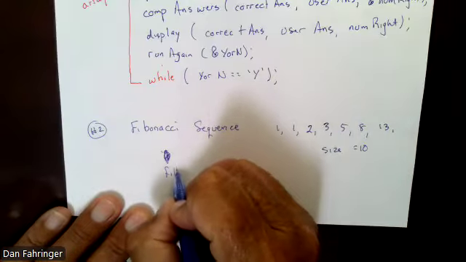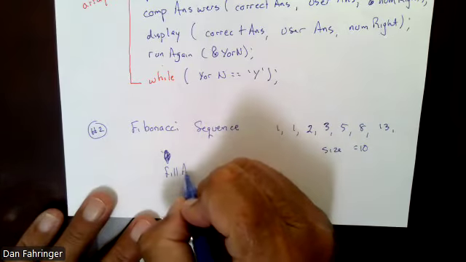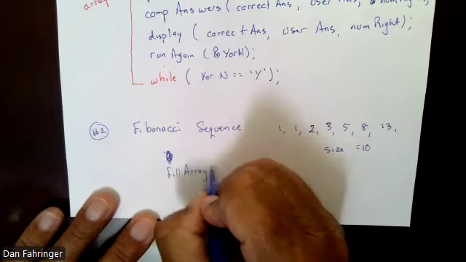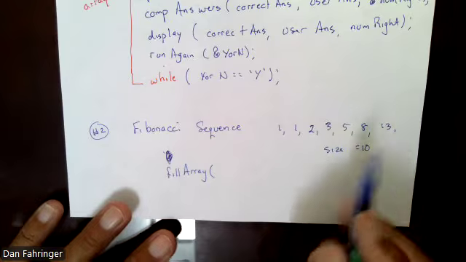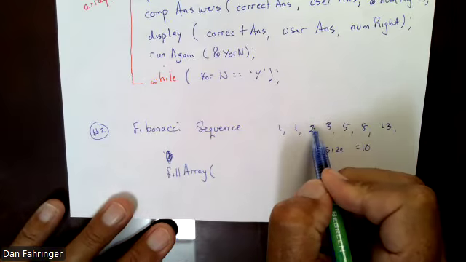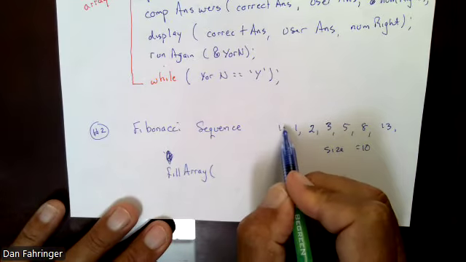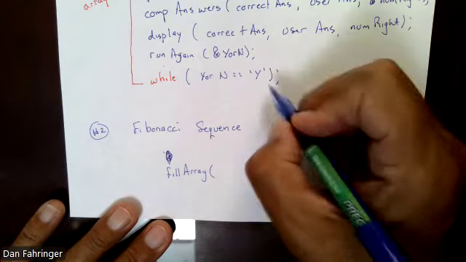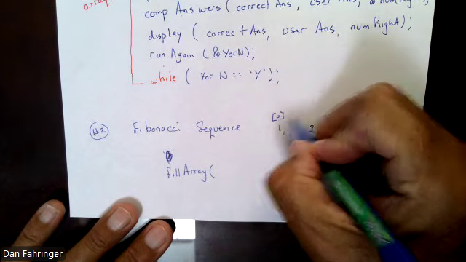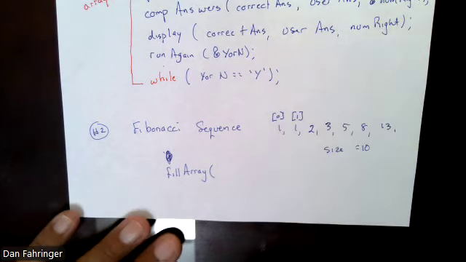First thing we're going to do is fill the array. We know where it starts at 1, and we're going to fill it by doing the work. So array sub 0, we're going to hard code. Sub 1, we're going to hard code.